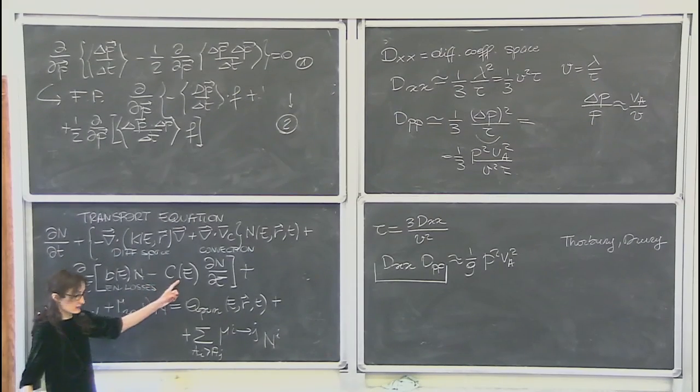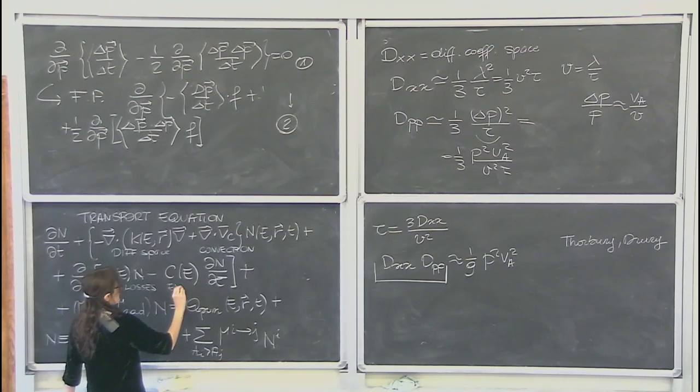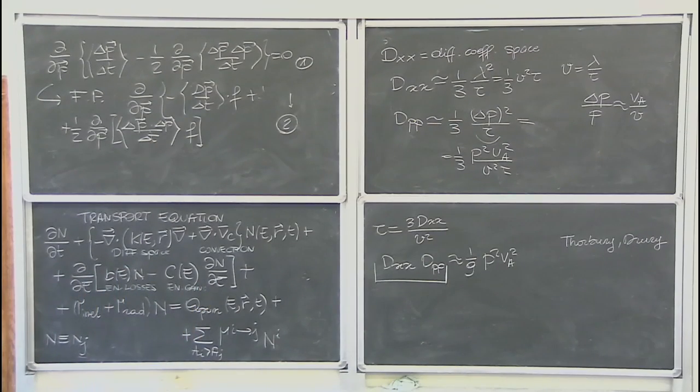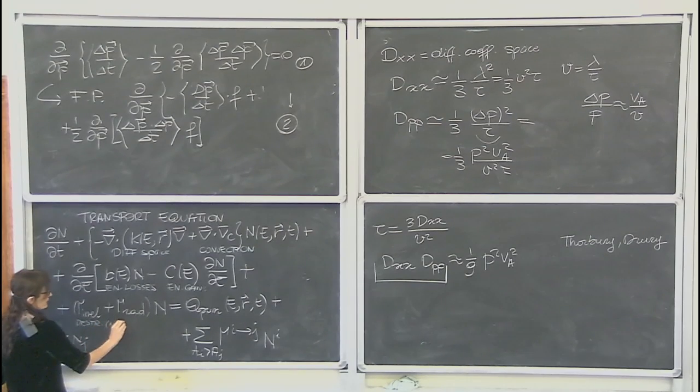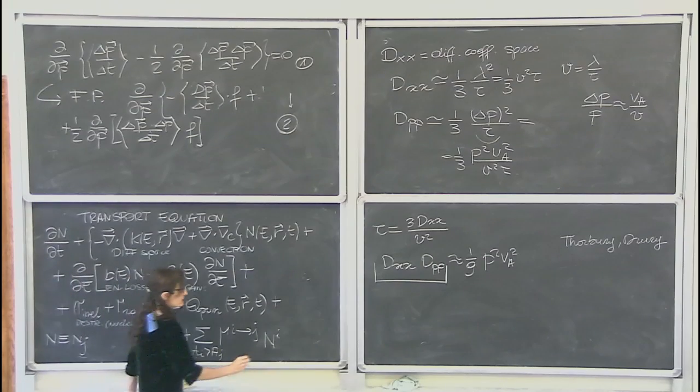This term, whose coefficient is C, is exactly what you have derived now, and this is linked to energy gains. It is substantially the reacceleration. This is the destruction due to nuclear processes. And these are the sources.